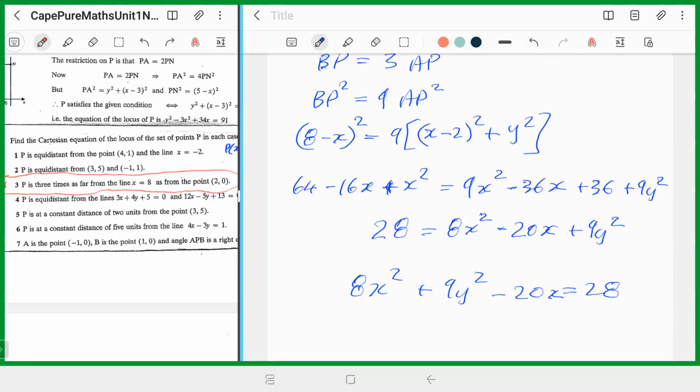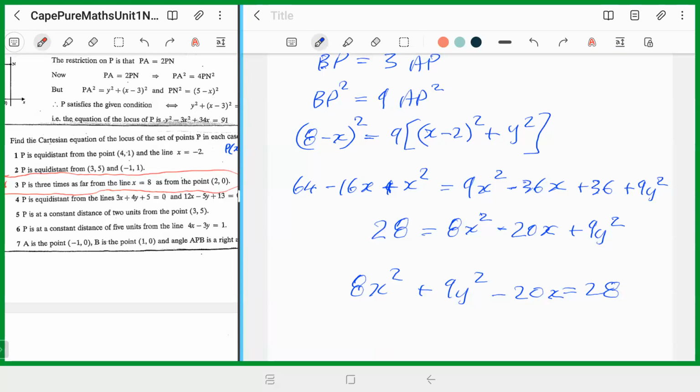That becomes the equation of the locus. Is it the equation of a circle? No, right. It's an ellipse. That's an ellipse. Let's not worry about that. That is the locus too. Understand that, guys?